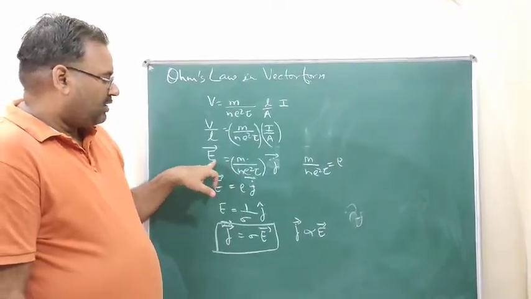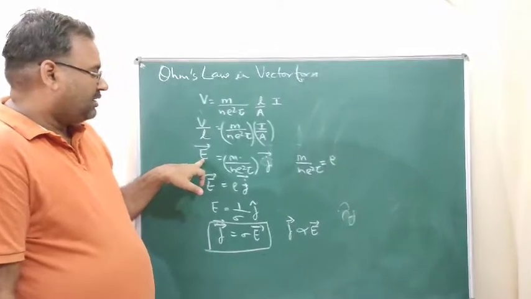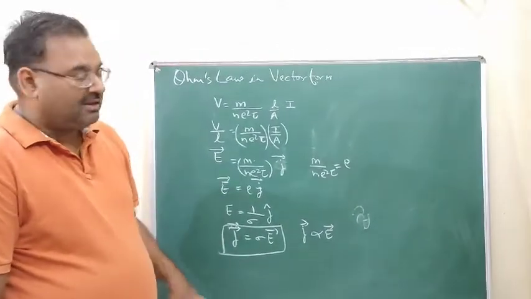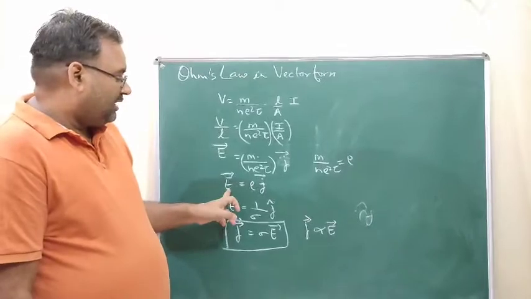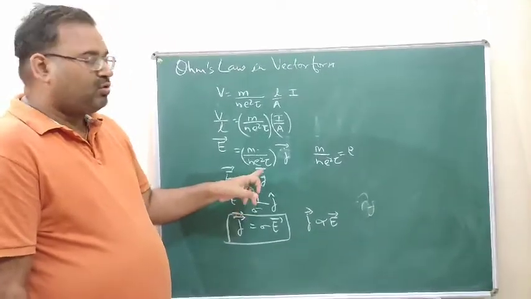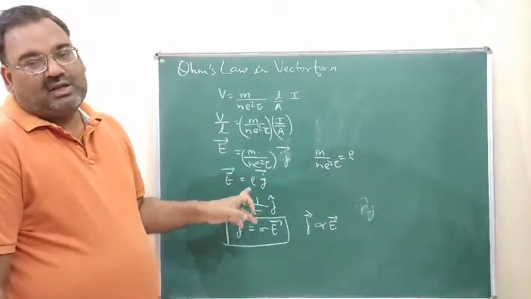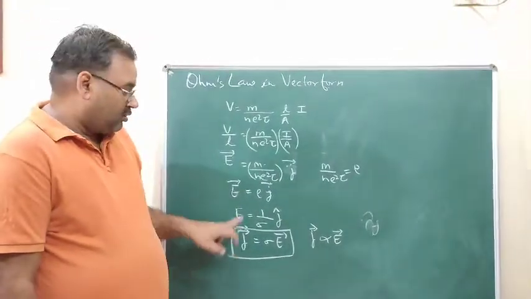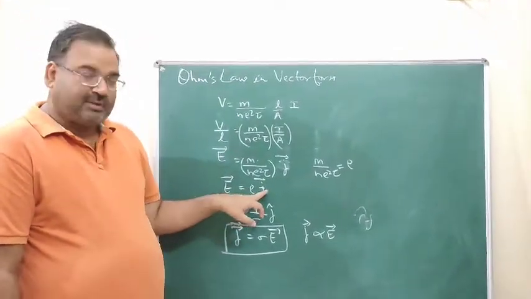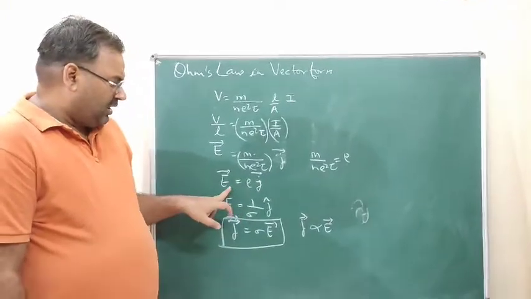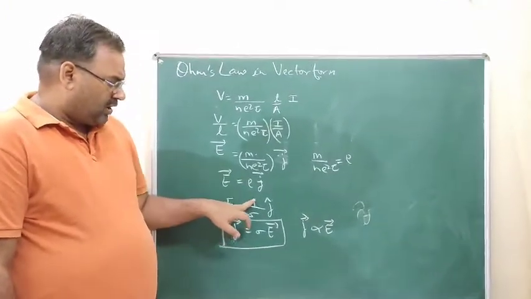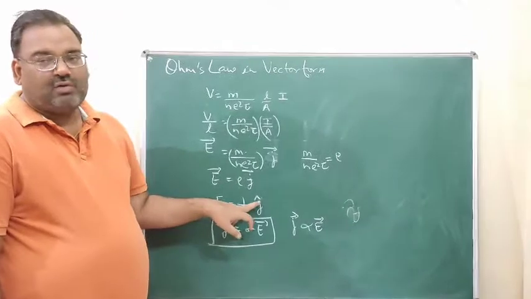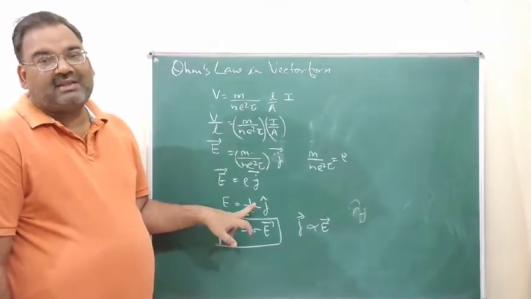Now what relation are we getting? We are getting a relationship between the electric field and the current density. Electric field is equal to rho J, where rho is the specific resistivity of the wire or the material. So E equal to rho J, or E equal to 1 upon sigma J, where sigma is specific conductivity.